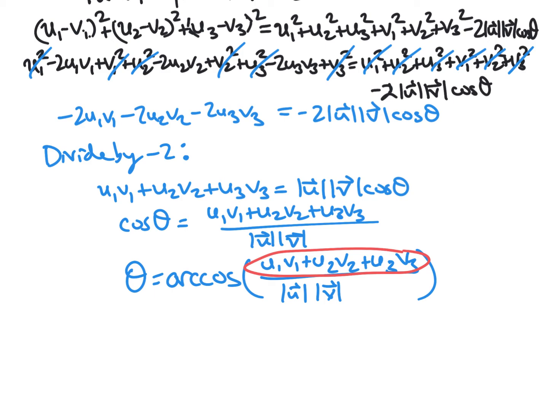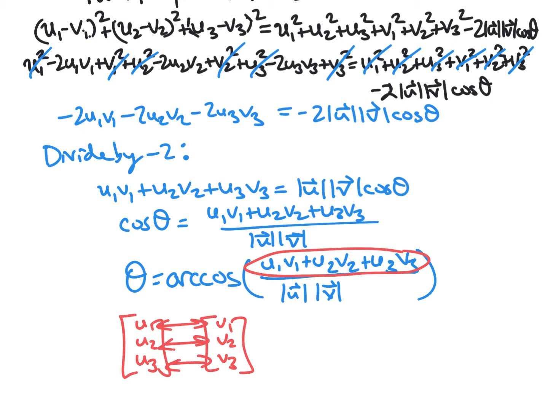I just want to point out that when we look at these two vectors, what we're doing is pairing via multiplication each of the corresponding entries. So first entry times the first entry plus second times the second plus third times the third. And this just so happens to be what leads to our definition of the dot product.